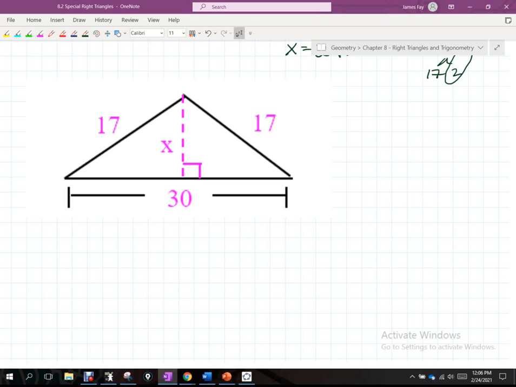So it's not real at the forefront of our minds right now. But if I look at this overall black triangle, what kind of triangle is it? It's isosceles, because that's 17 and that's 17, right?